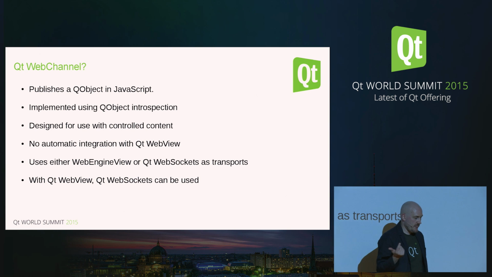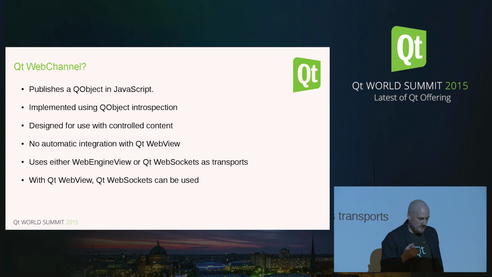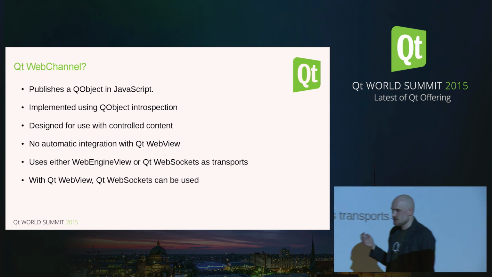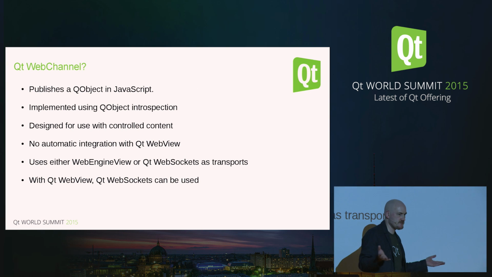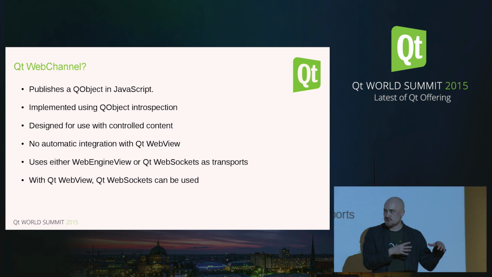One of the things to remember, though, with Qt WebChannel is that because it exposes C++ directly into the JavaScript, it should generally be used with controlled content. Usually that comes as a given because you have to inject a certain amount of JavaScript code to bootstrap it.